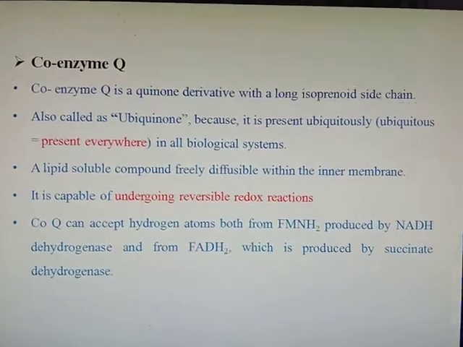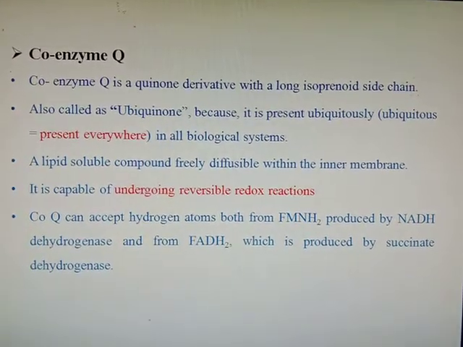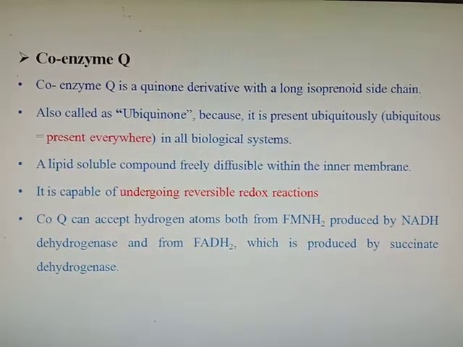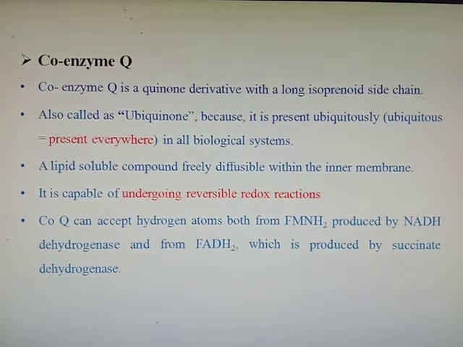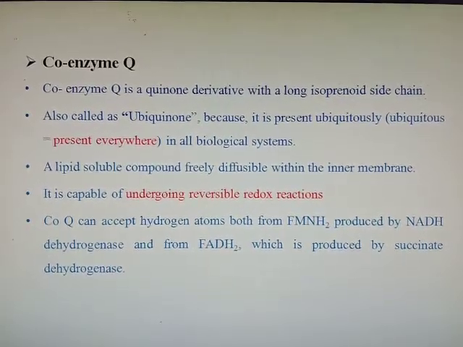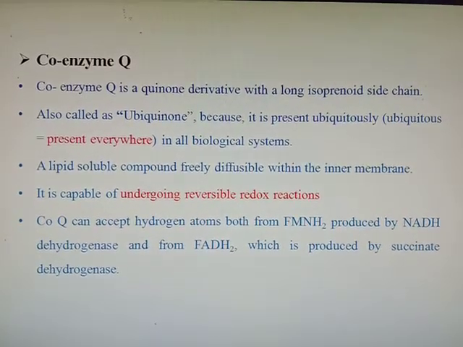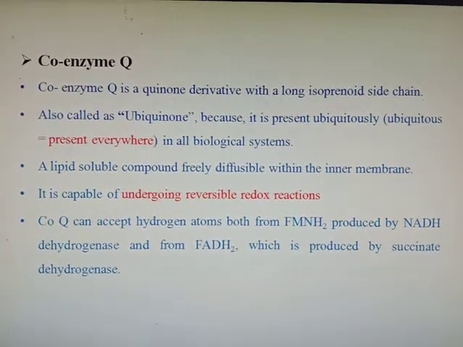Then coenzyme Q. Coenzyme Q is a quinone derivative which contains a long isoprenoid side chain. It is also called ubiquinone because it is present ubiquitously in biological systems. Coenzyme Q is a lipid soluble compound and freely diffusible within the inner membrane.